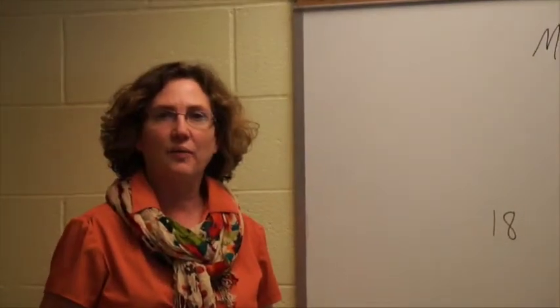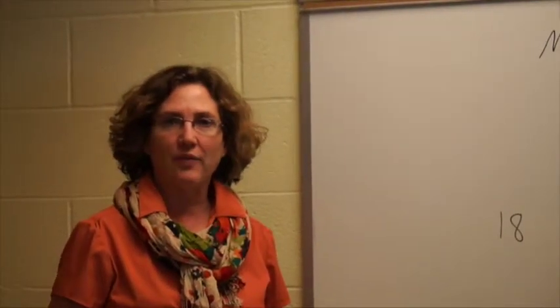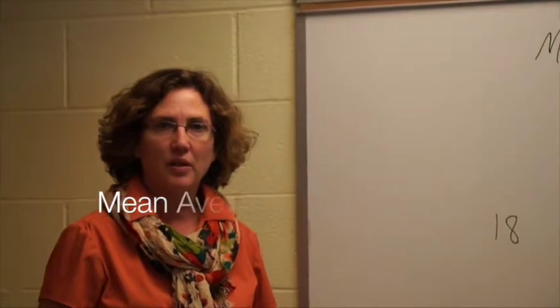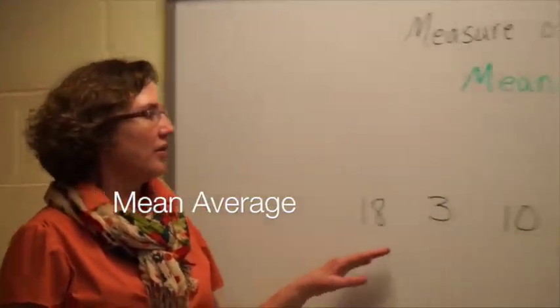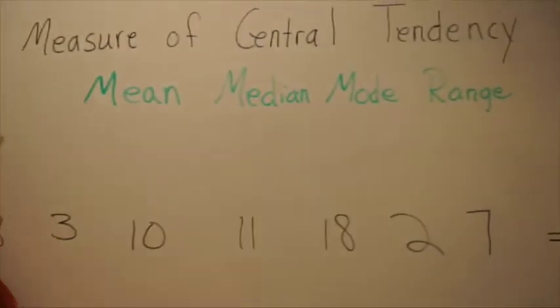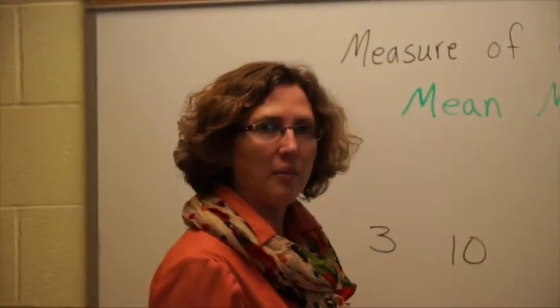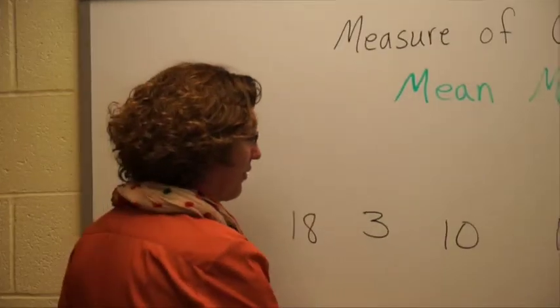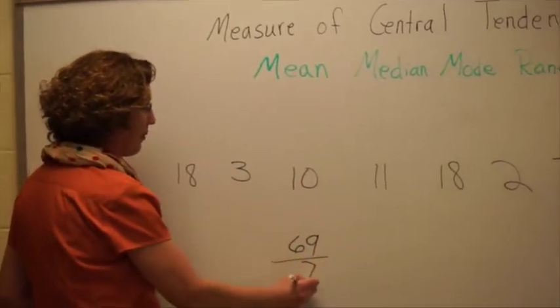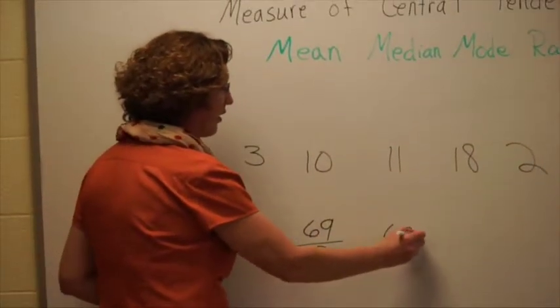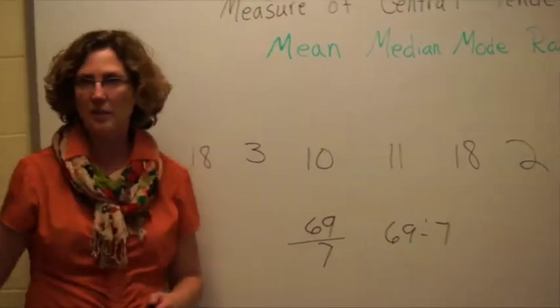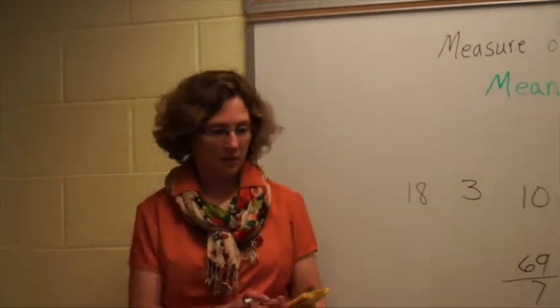Now we're going to go back and figure out the actual mean average of the list of these numbers. So I've added all 7 numbers together, and I come up with 69. 69 will now be divided by 7. Let's see what that is, using the calculator.